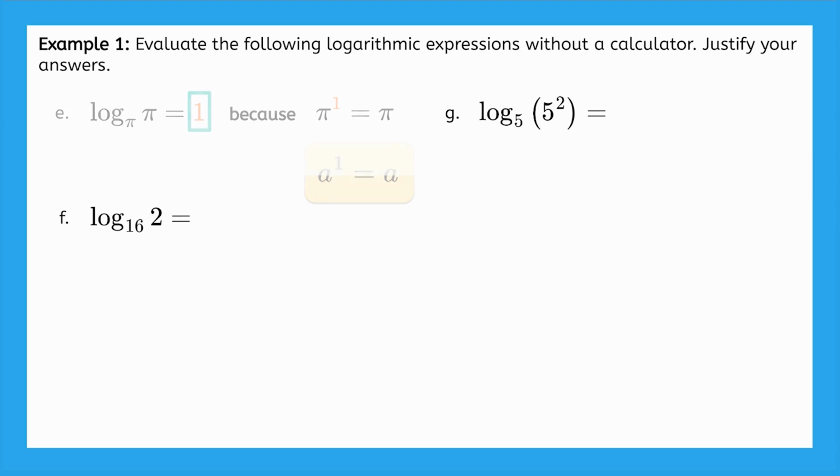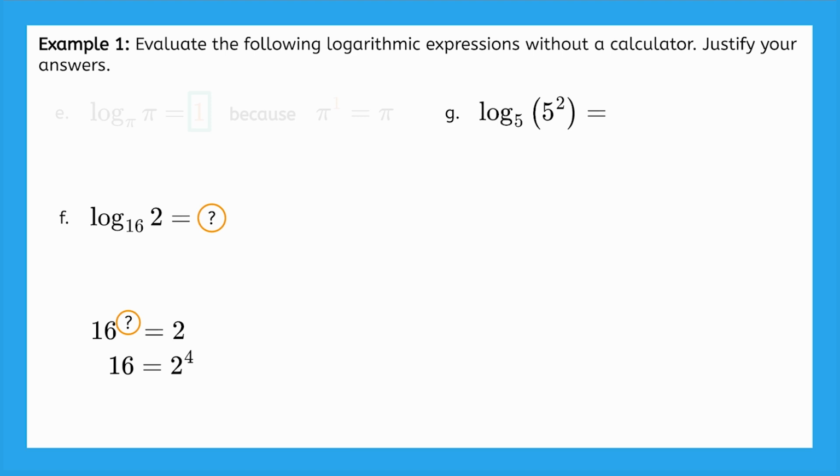Now part F, log base 16 of 2. We need the exponent that turns 16 into 2. This one's tricky. I know 16 is a power of 2 because 2 to the 4th power is 16, but we need 2 as a power of 16.